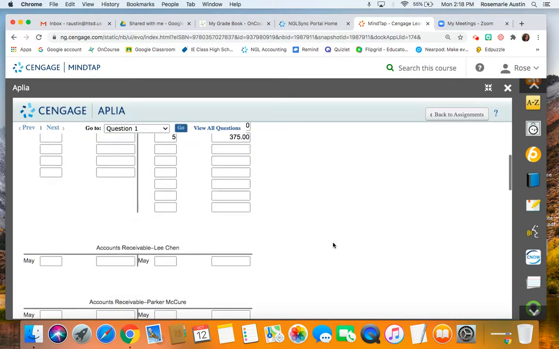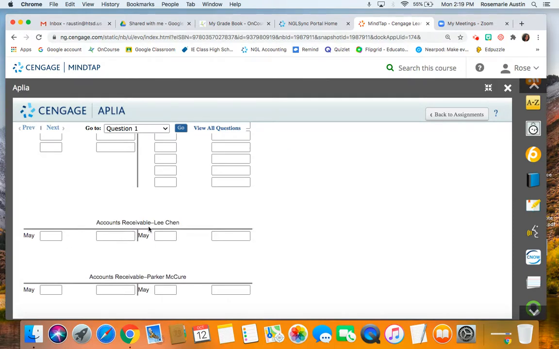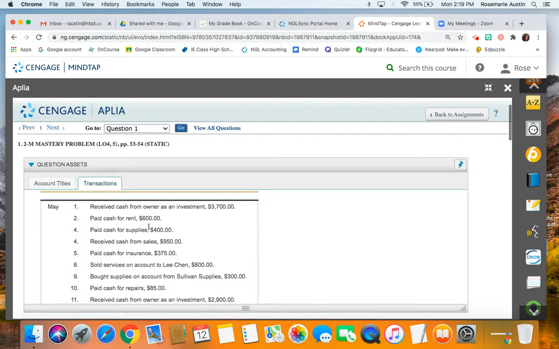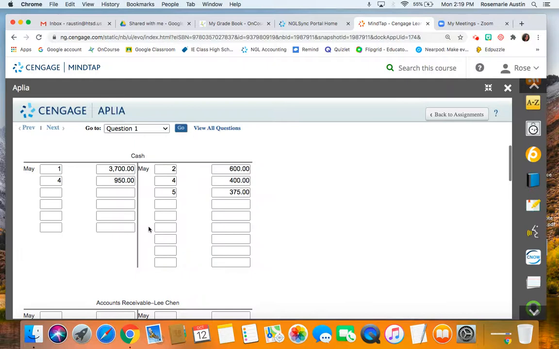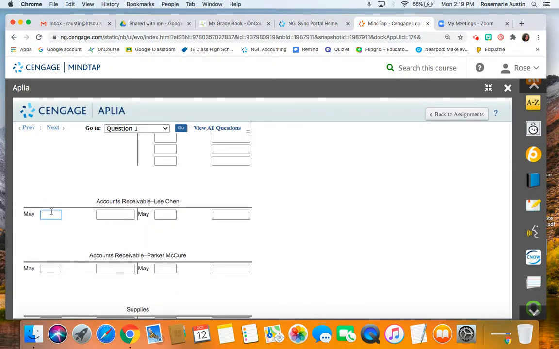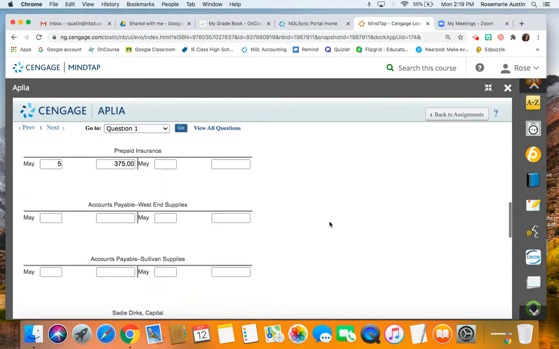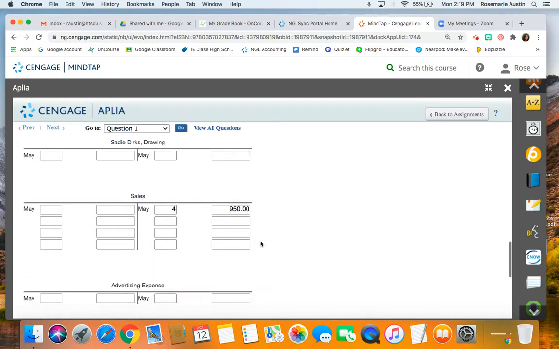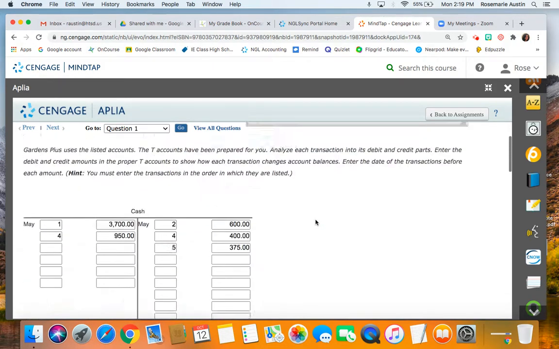So let's go find Lee Chen accounts receivable. And that is May 8th for $800. So May 8th, $800. And then we find our sales account, May 8th, $800. That's it for that.